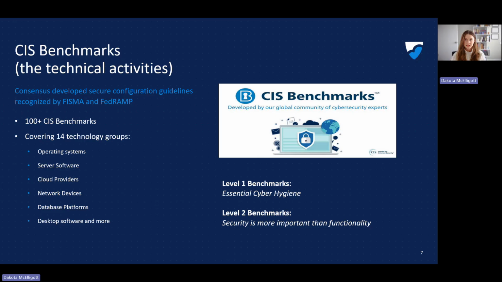So, whereas the controls are telling you the strategy of the what and the why, the benchmarks tell you exactly how to get there. So, if the control, for example, says manage access, the benchmark is telling you turn off legacy authentication, require MFA, restrict admin roles. That level of granular detail is where the CIS benchmarks sit.